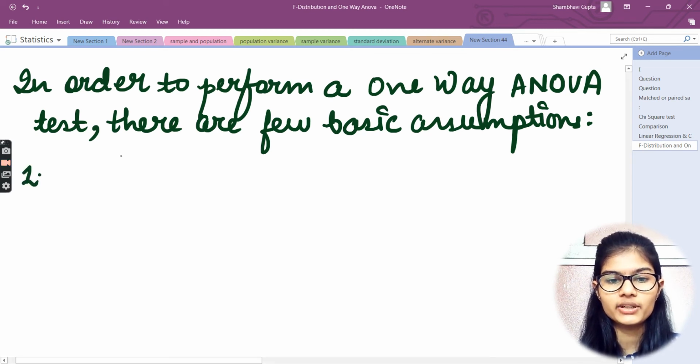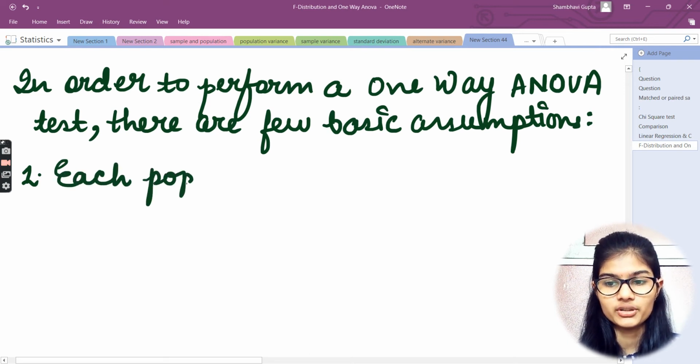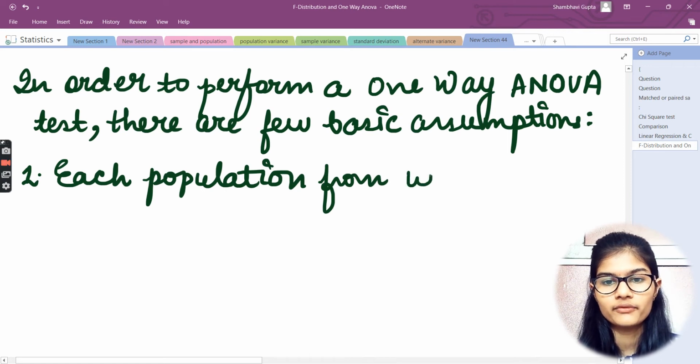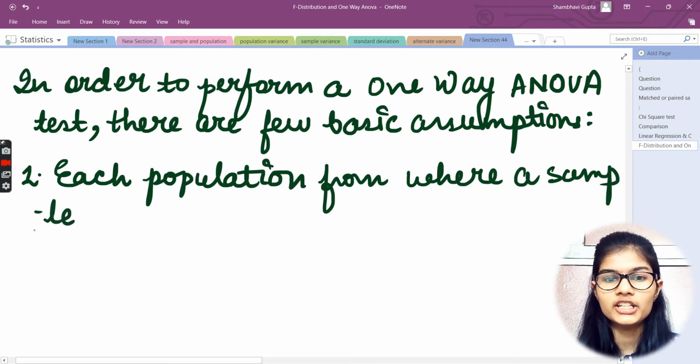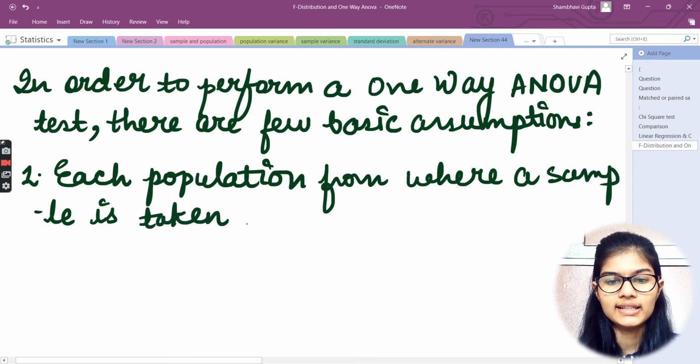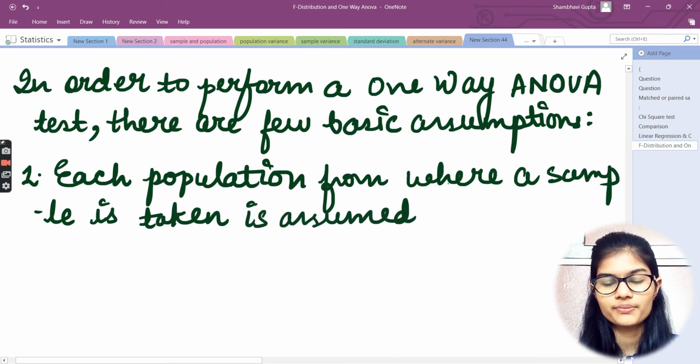So the very first one that we have is that each population from where a sample is taken is assumed to be normal.